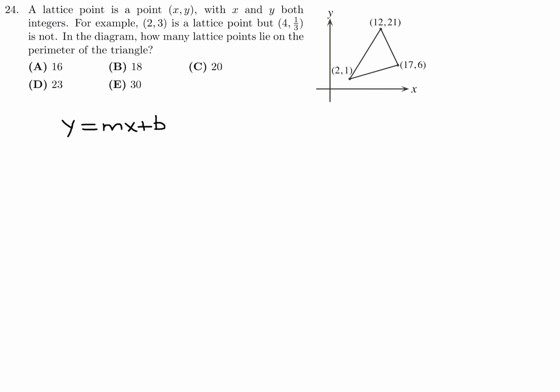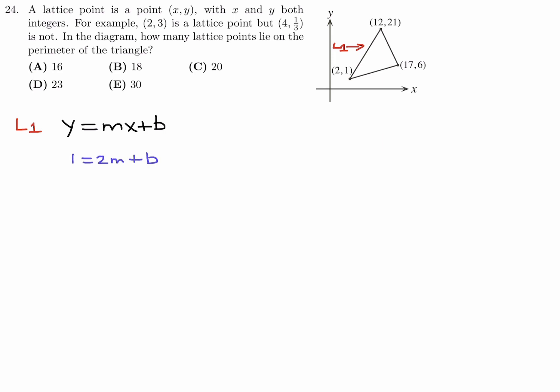So the first one, which I'll call L1, let's figure out the equation. We have 2 points, so I can just plug those 2 points in. (2, 1), so 1 equals 2m plus b.